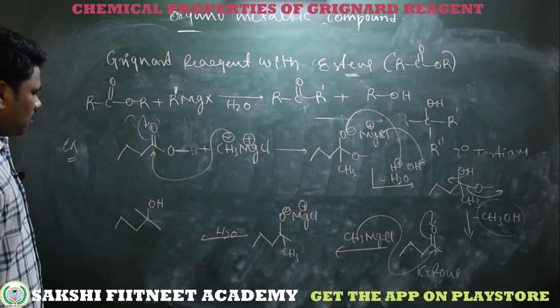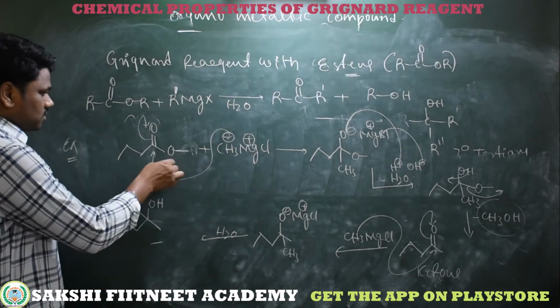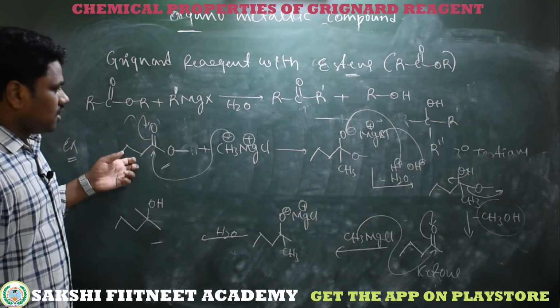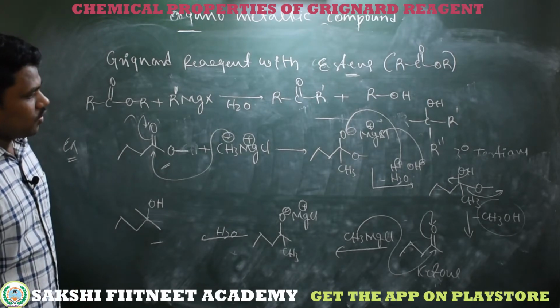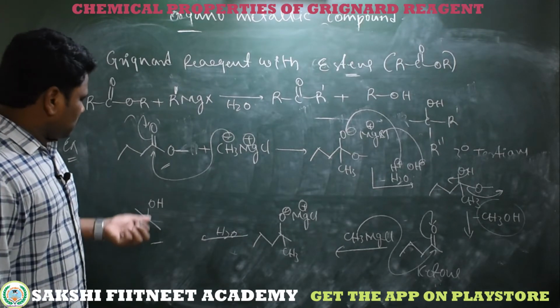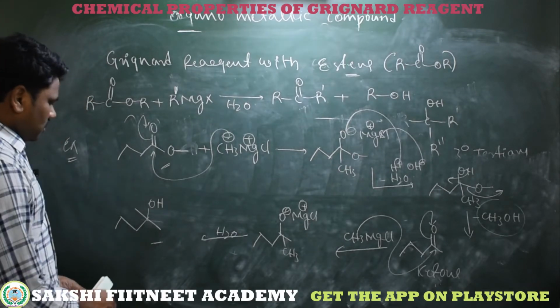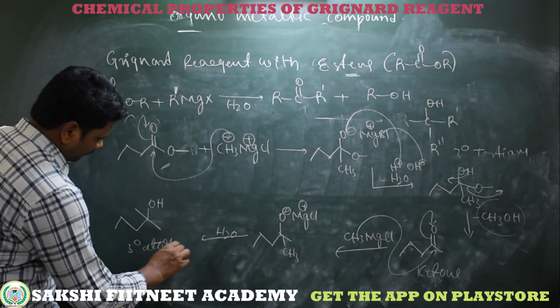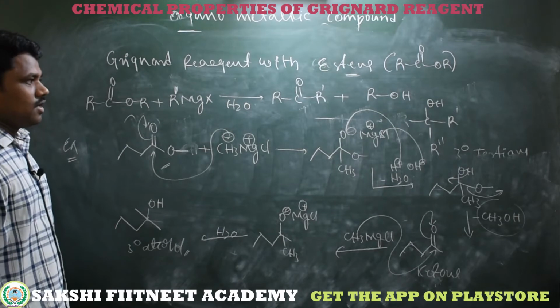So this is the alcohol we got from this carboxylic acid derivative, that is the ester. Hope you understand well how we are getting this tertiary alcohol from this ester.